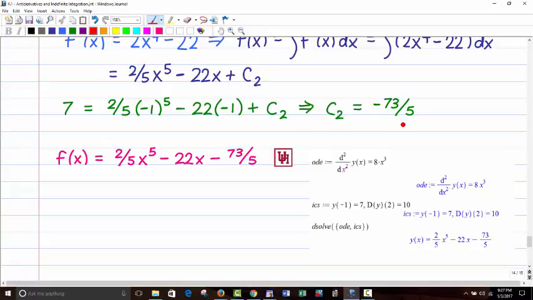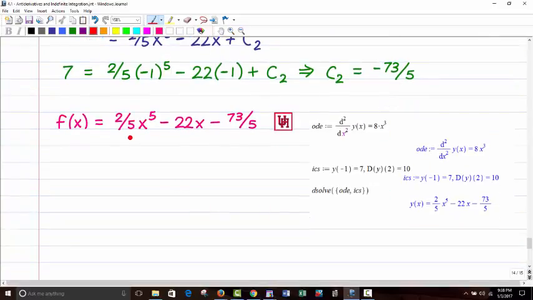You'll get negative 73 over 5. So there's your solution that satisfies all those conditions: 2/5 x to the 5th minus 22x minus 73 over 5.